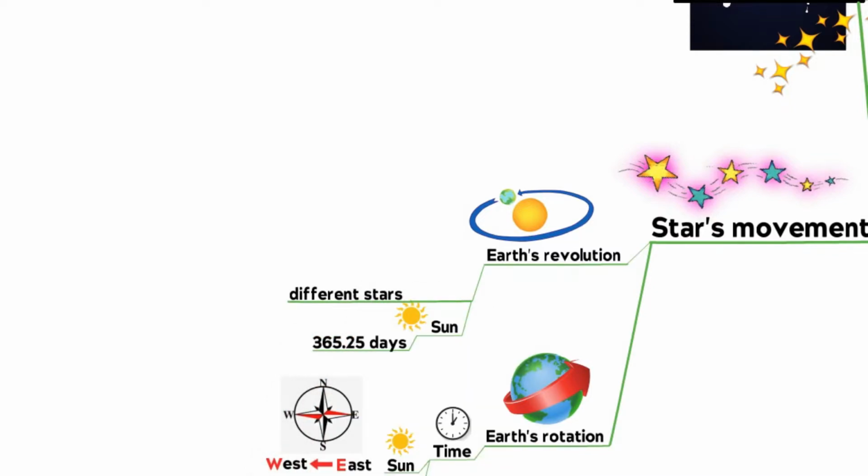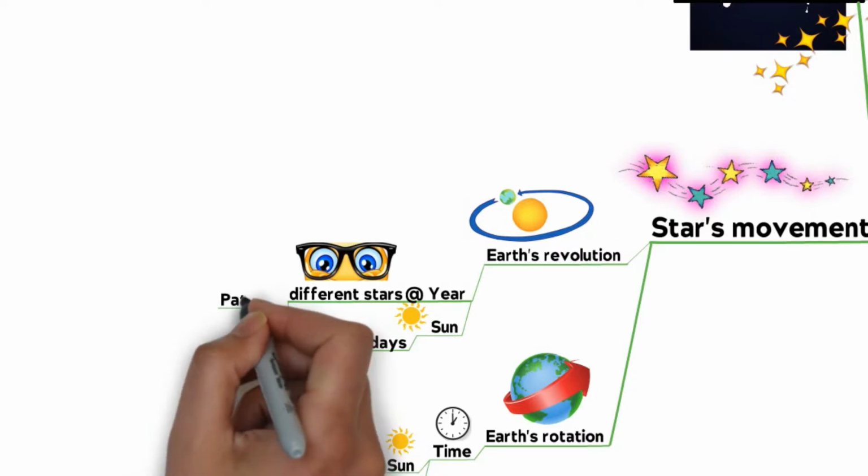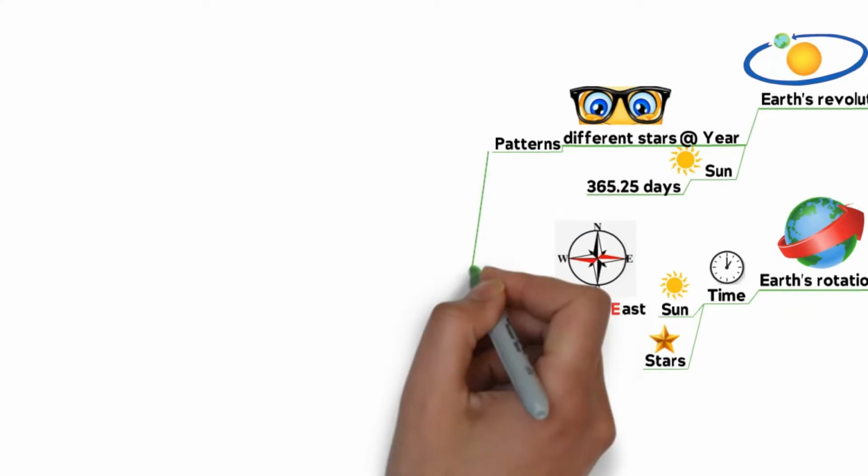Because of Earth's revolution, there are different stars we see during the night at different times of the year. There are different star patterns through the year.